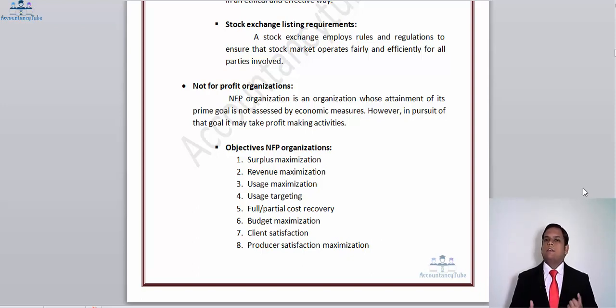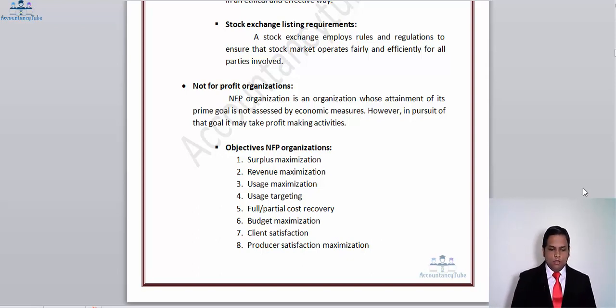For example, they can invest their surplus funds in a stock exchange or at a brokerage so that they can get a return. They can invest the surplus funds in banks so they can get a return on that money. They are not restricted to getting revenue from donations only.